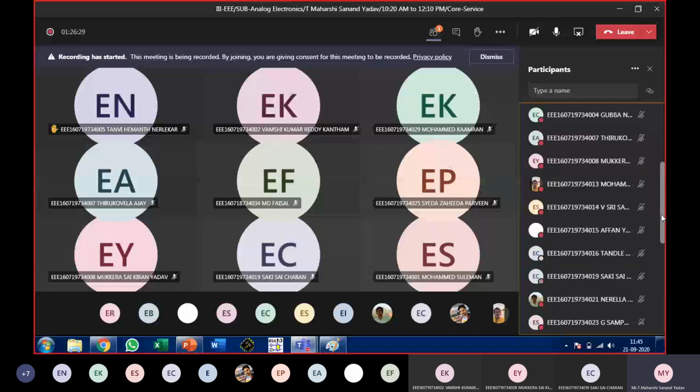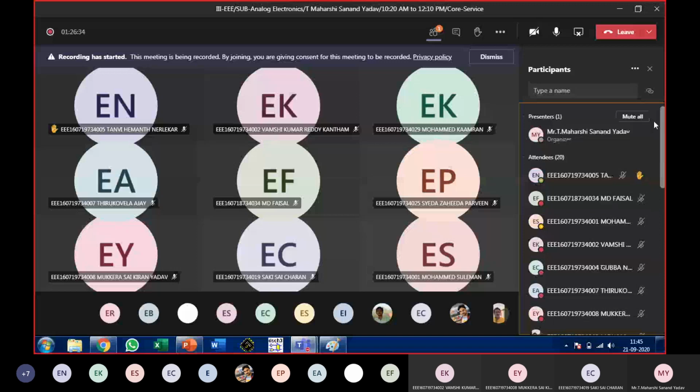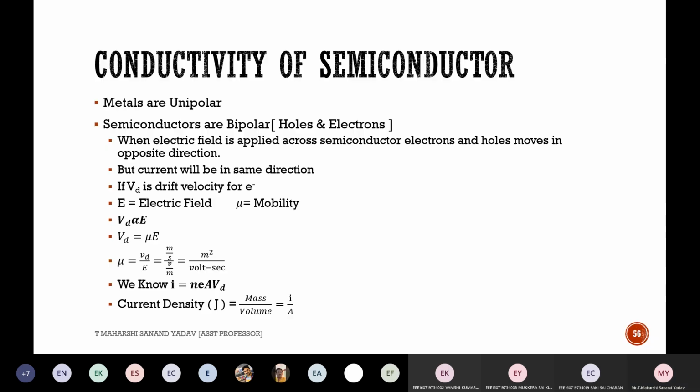Please raise your hand so that it will be easy for me to check. There's an option called raise hand, please click on that. No one apart from Tanvi.